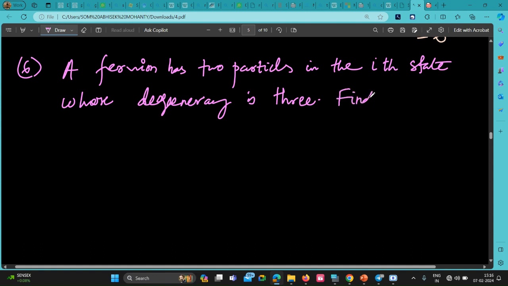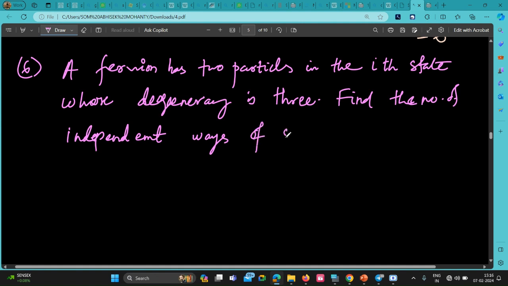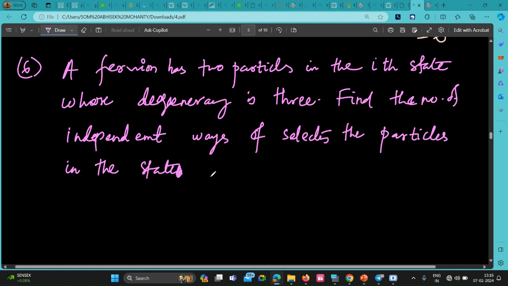Find the number of independent ways of selecting the particles in the state.